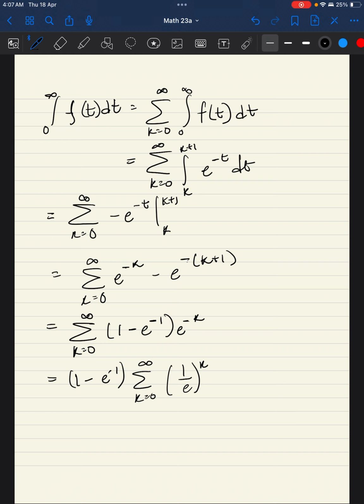Just gotta solve all of these bits out, which gives us 1 minus e to the minus 1, and this thing resolves out to be 1 by 1 minus 1 by e. These two terms cancel out to give you 1, and that is the proof by Lebesgue integral for the integral of e to the minus x, or rather the unbounded integral of e to the minus x.